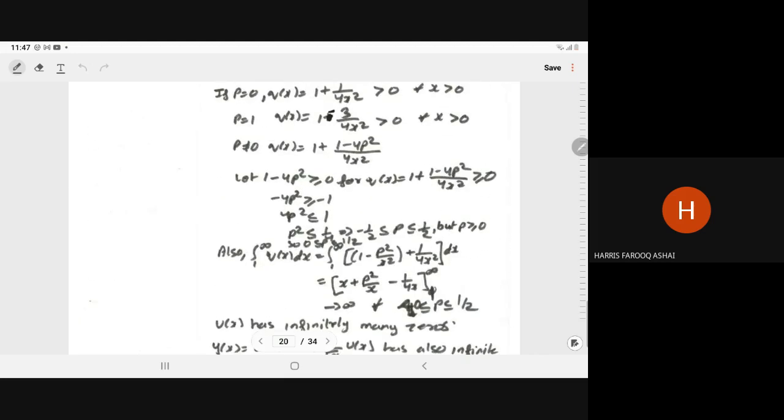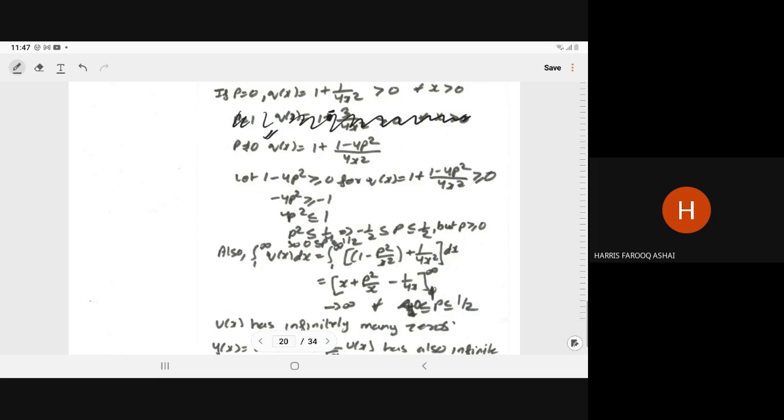Then after this case, if p is not equal to 0, q is 1 plus (1 minus 4p square) upon 4x square.